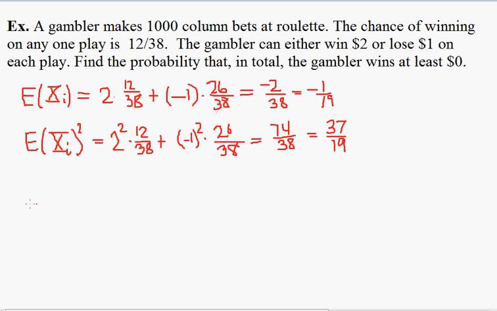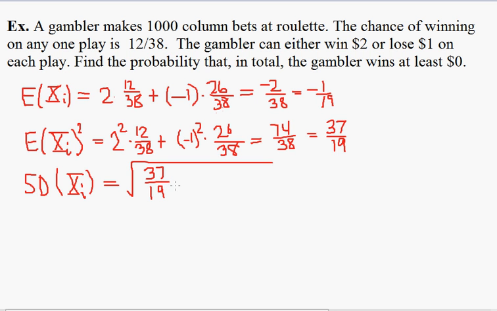And so the standard deviation of any one play is equal to the square root of 37 over 19 minus (-1/19) squared.